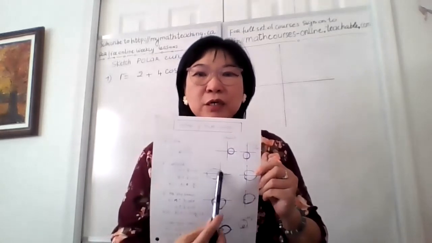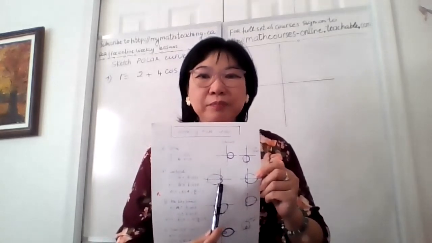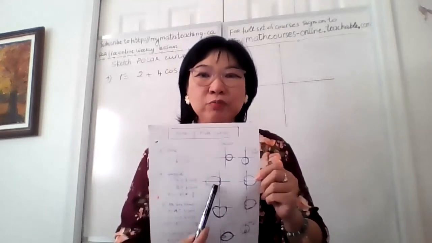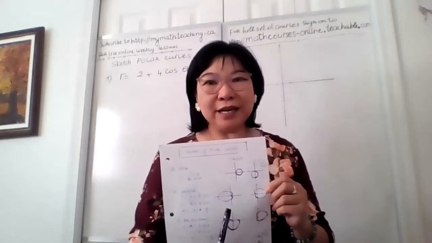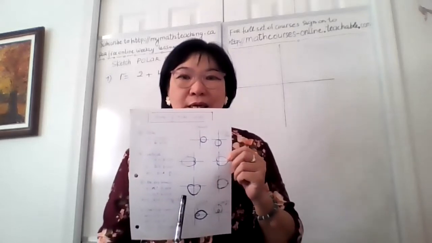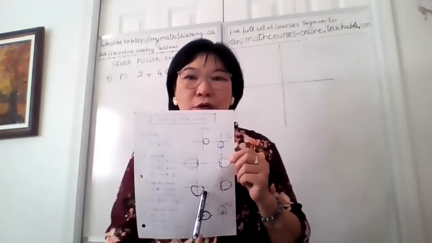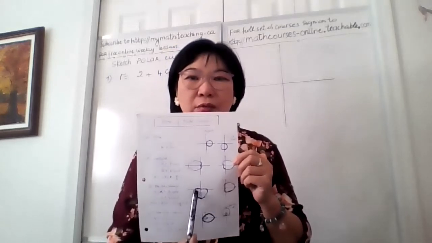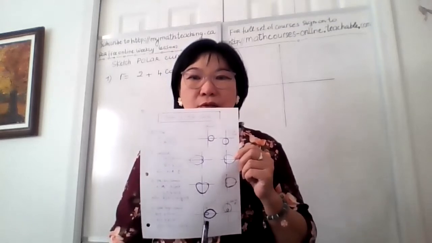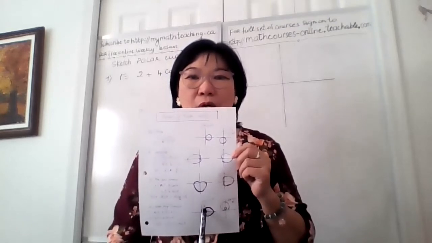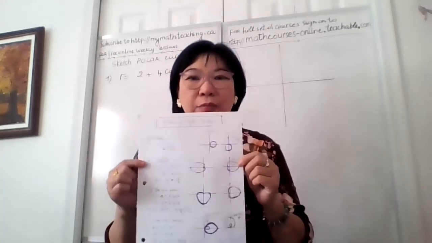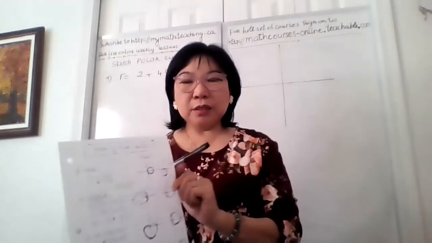We also have a curve that looks like a heart shape, and we call it a cardioid. The name is like a heart, cardioid. You can also have a limaçon like this, and a limaçon with the inner loop. So these are the names and the shapes of the polar curves.